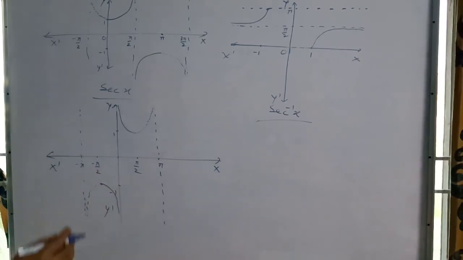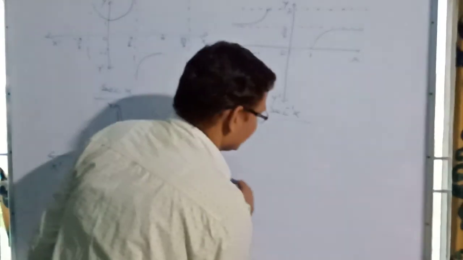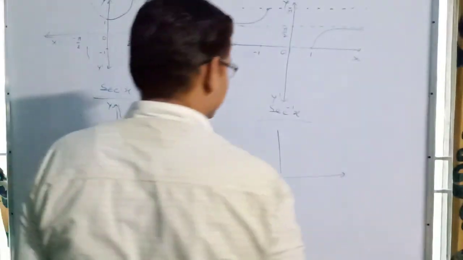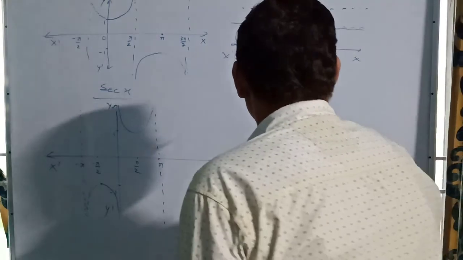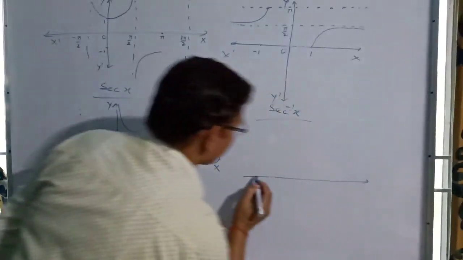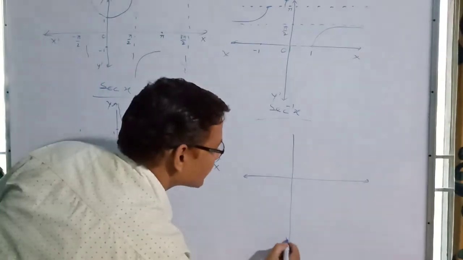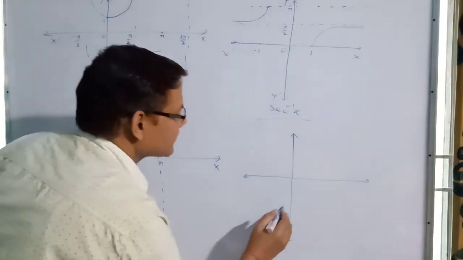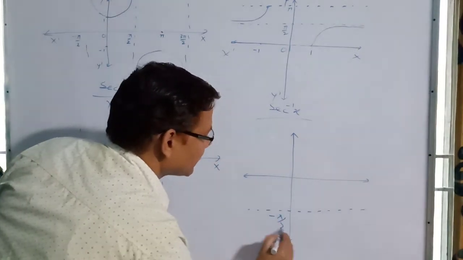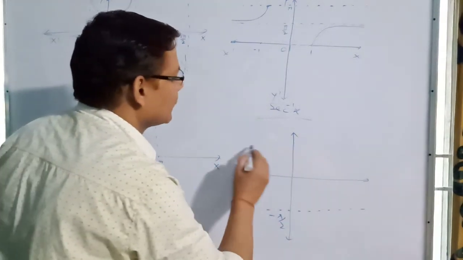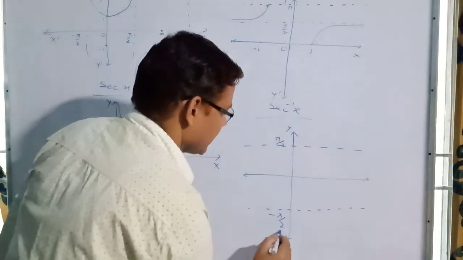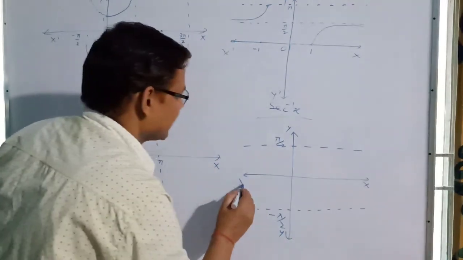Now by interchanging its axes, we get the graph of cosec inverse x. It is from minus pi by 2 to pi by 2. Y dash, x dash.